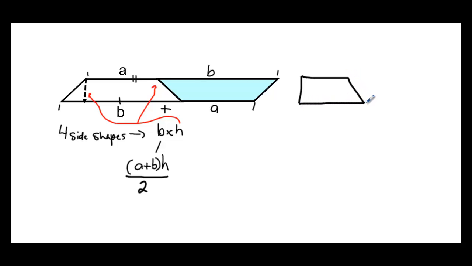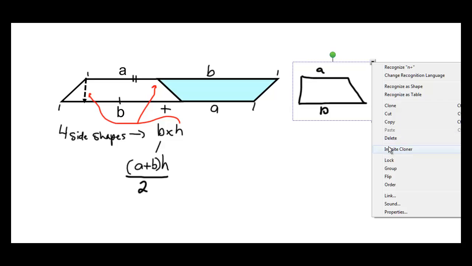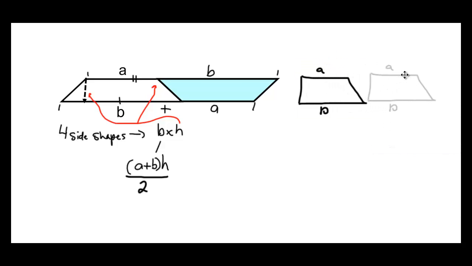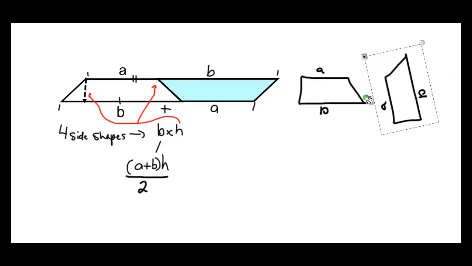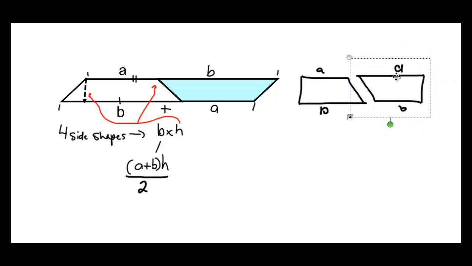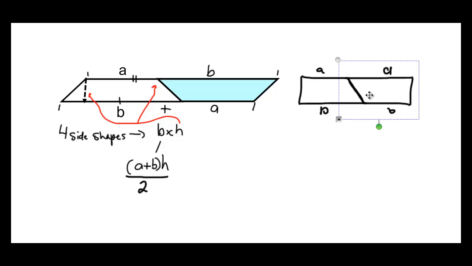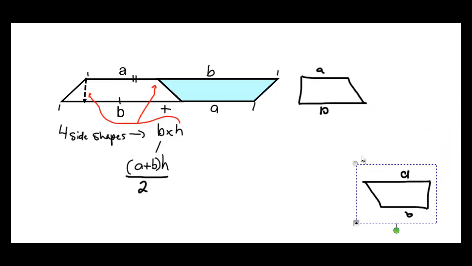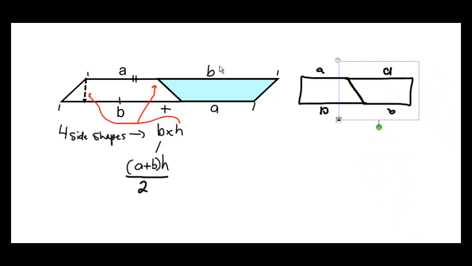When we take the A and the B, and we take this shape, and we move it around, we notice that it creates, in this case, a rectangle. And therefore, A plus B divided by 2 will give you the area of a trapezoid. And you can directly see that my B is here and my A now is here but upside down. So it doesn't really matter.